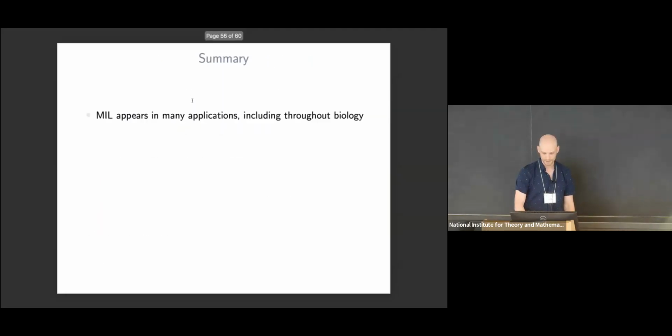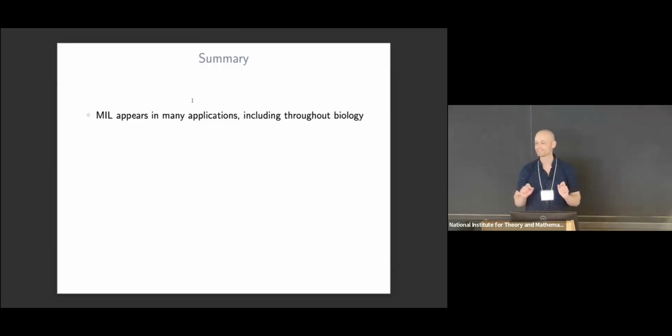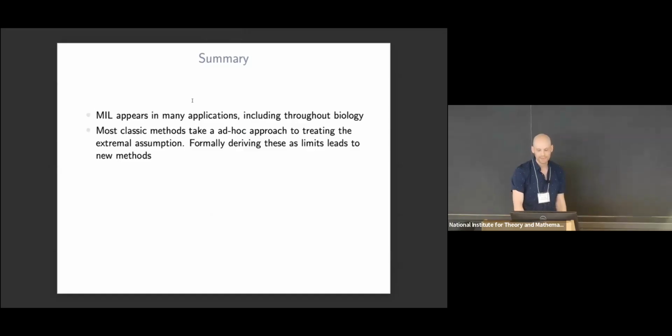And I'll skip this slide and just say that I think this MIL is a very cool problem. It appears throughout biology. I'm still exploring; I'm getting into these genotype to phenotype mapping problems and how to recast them as multiple instance learning problems. If you look in the literature, and I'm not criticizing the literature, a lot of things are ad hoc and done by computer scientists. And I think applied math has a lot to bring to this area.